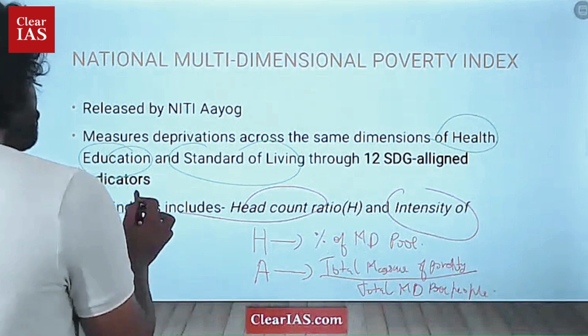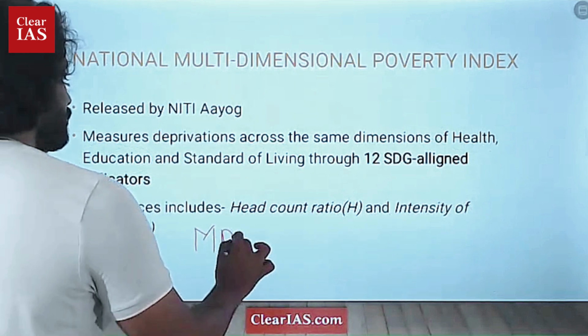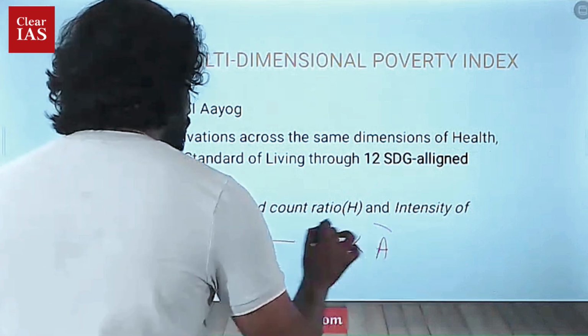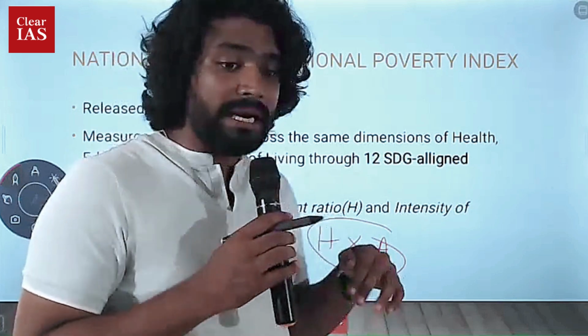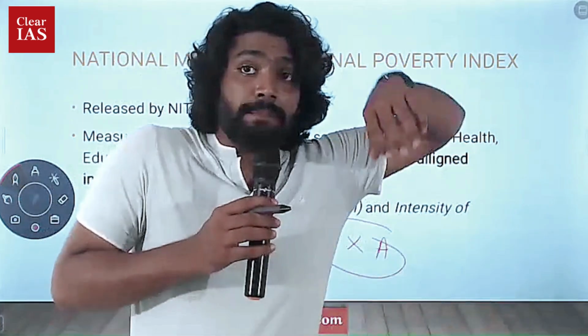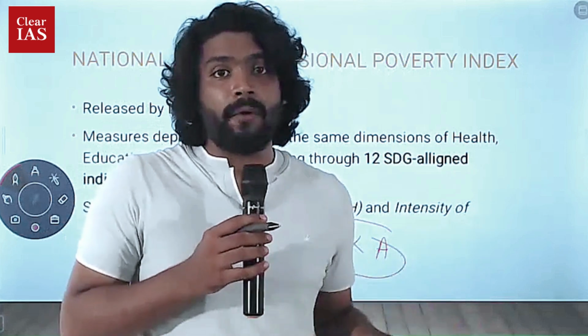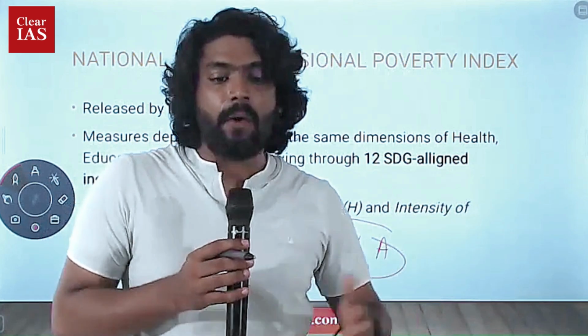So basically, the MDPI index is measured as H into A. That is head count ratio, the percentage of population that is multidimensionally poor, multiplied by intensity of poverty, which means out of all the multidimensionally poor, what is the per person poverty.